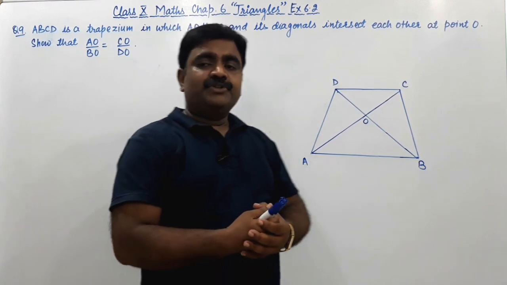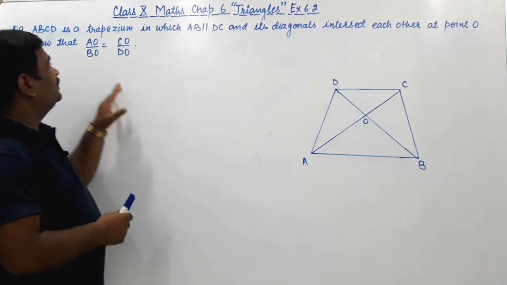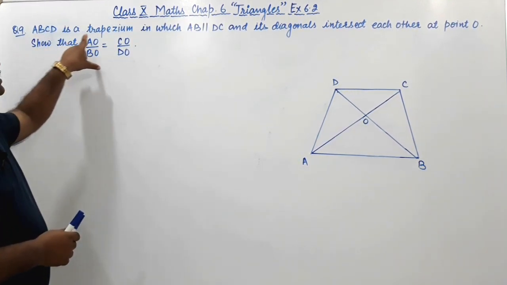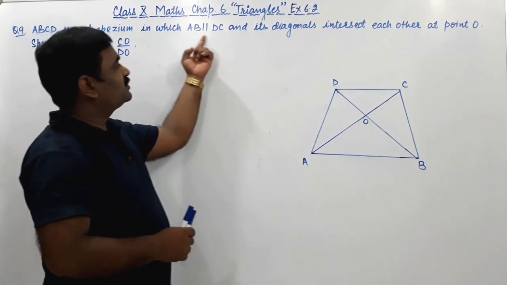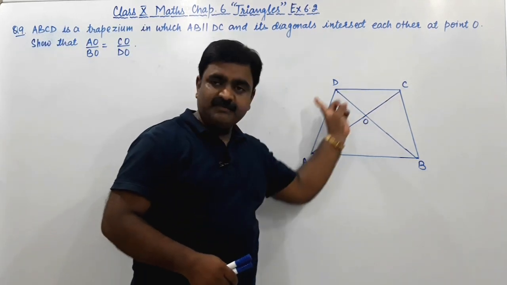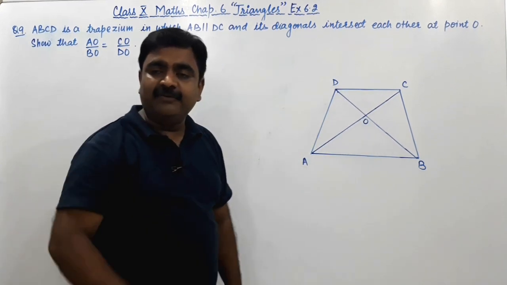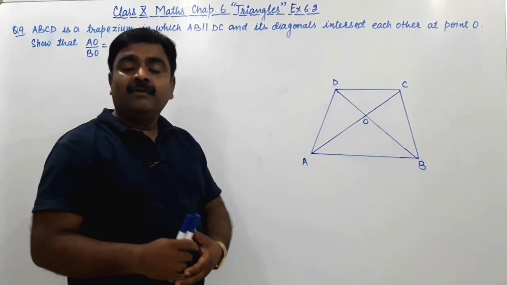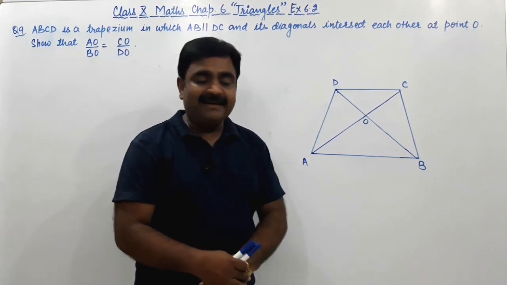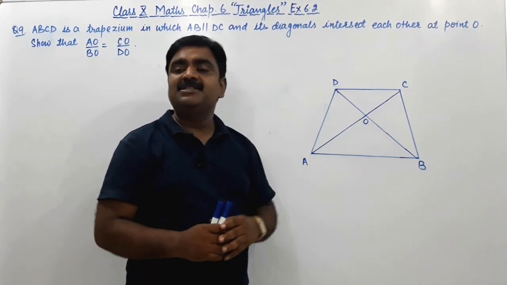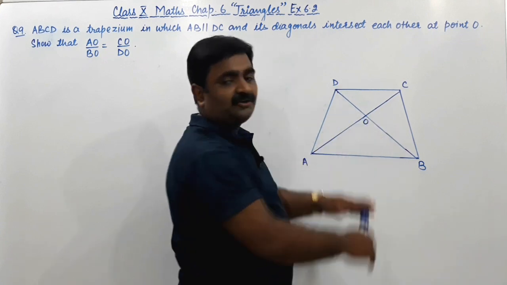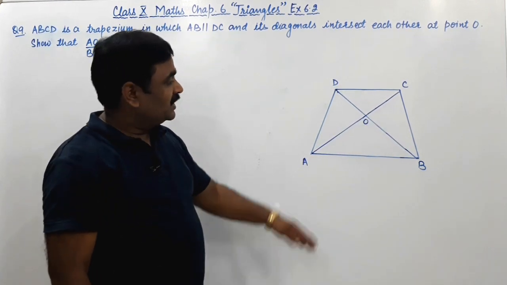Okay friends, see question number 9. In this question it is given that ABCD is a trapezium in which AB is parallel to DC. As you know the definition of a trapezium, one pair of opposite sides should be parallel. So in this, one pair of opposite sides is parallel and these two sides are non-parallel sides, right?